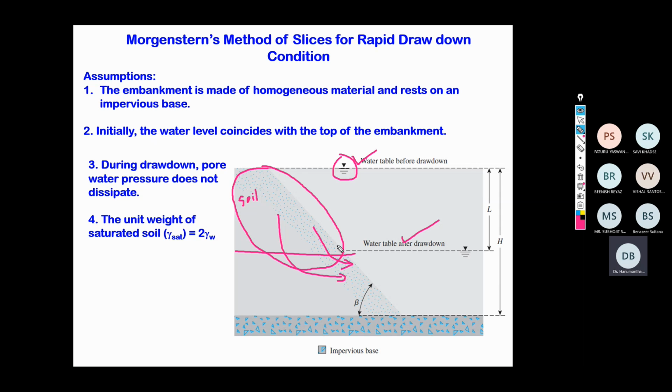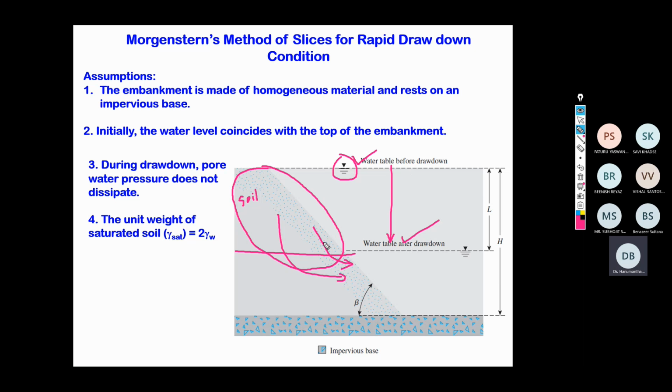So you can assume that the permeability of the embankment material will be lower. Although not equivalent to that of a liner material, it is a reasonably low value. Therefore, with such low permeability, whenever you lower the water, the water within this soil volume will not dissipate in the amount of time required to lower the water level from higher to lower.